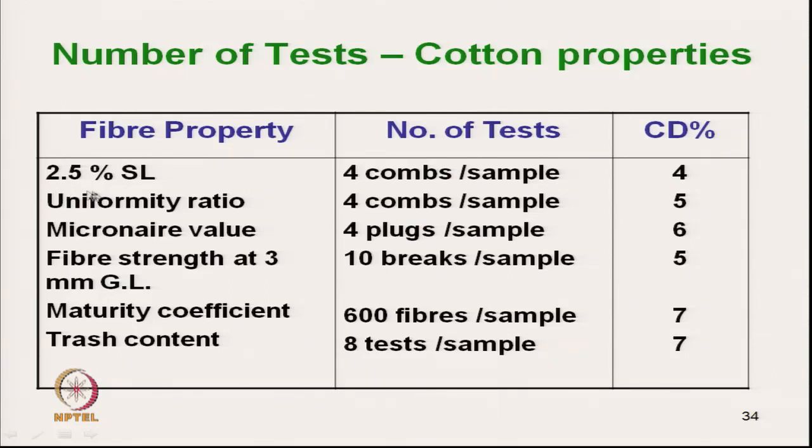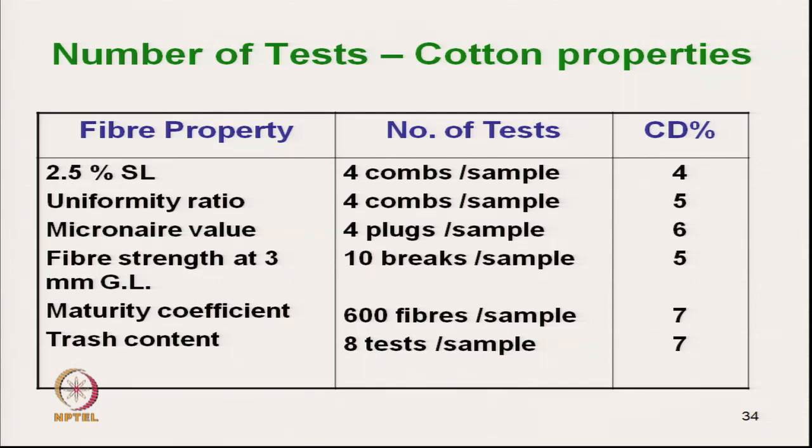Like for 2.5% span length, if we want to get the critical difference, the number of tests required is 4 such combs. The sample for the fibrograph is called a comb. The fibrosampler produces the sample in the form of a comb, that I will discuss.